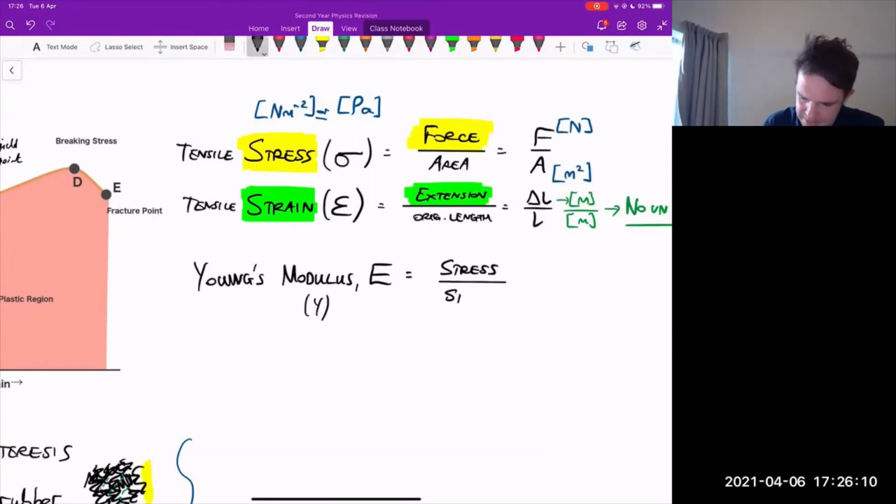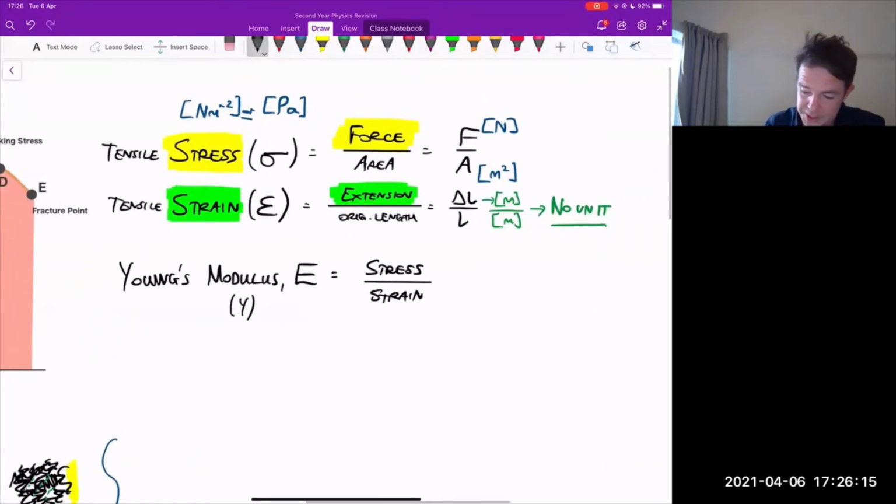strain. And if we put the equations in we've got above, that's going to be F over A for stress divided by delta L over L for strain.